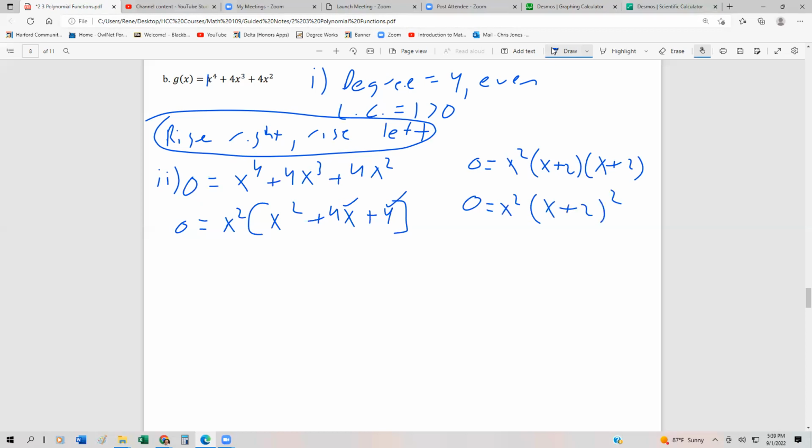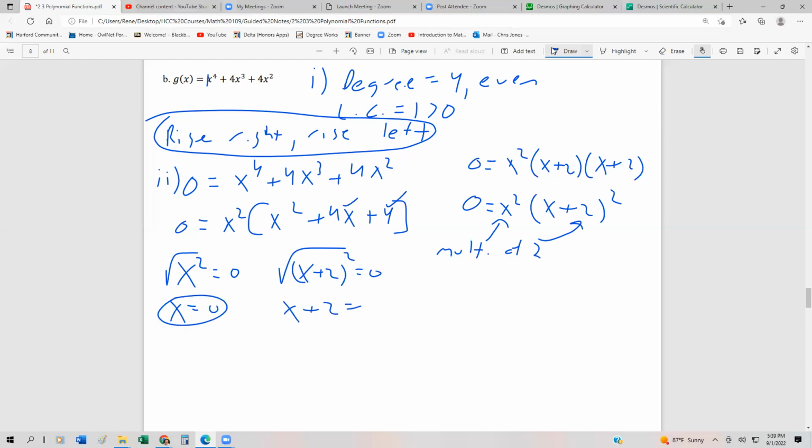Now notice that both of these factors, the x squared and the x plus 2 squared, have a multiplicity of 2. So the zeros are when x squared equals 0 or x plus 2 squared is equal to 0. We take the square root of both sides and we get x equals 0, x plus 2 equals 0, which implies that x would be equal to negative 2.